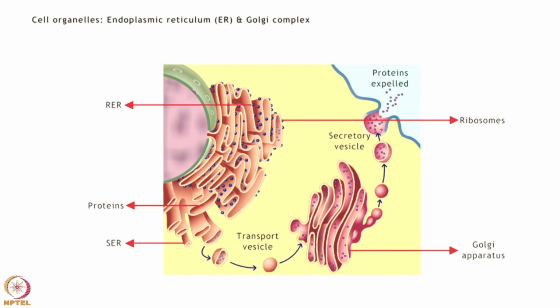The Golgi complex functions to process and package macromolecules such as proteins and lipids for their export to various other cellular organelles or outside the cell.